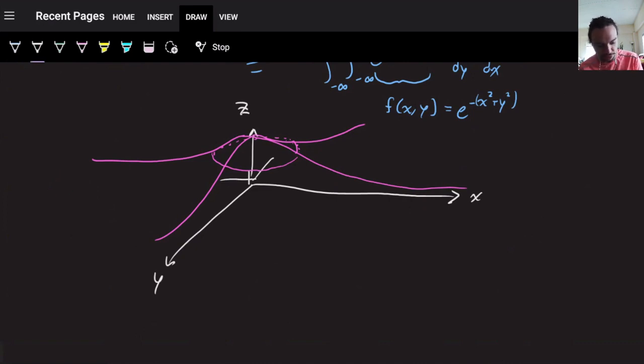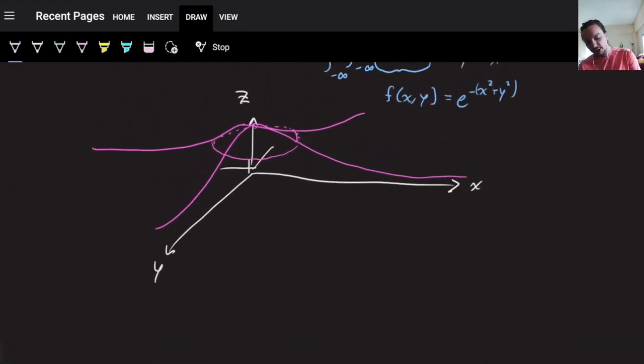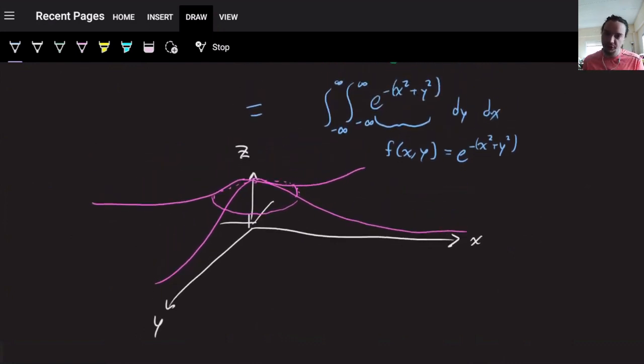We could use polar coordinates, because the function looks like it has these sort of circles in it, so that might be useful. Or we could use something like interpreting it as the union of a bunch of disk cross-sections. So that's what we're going to do.